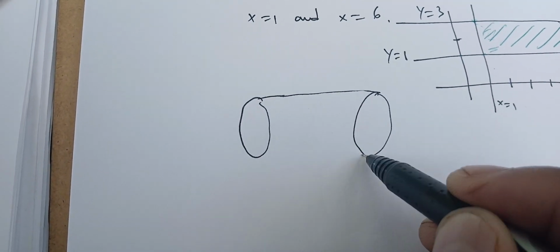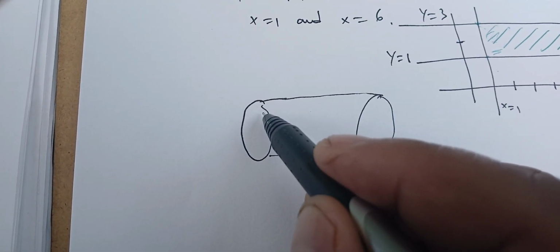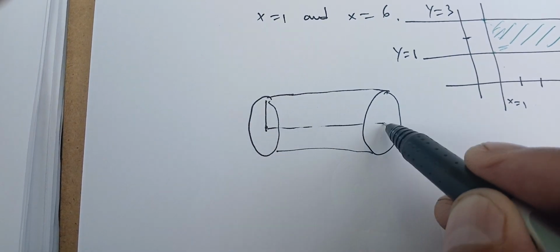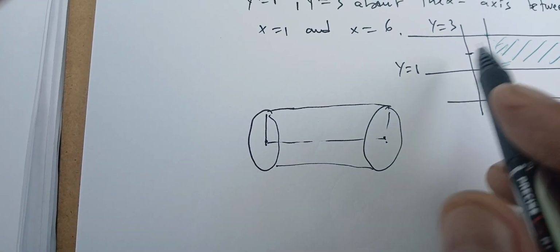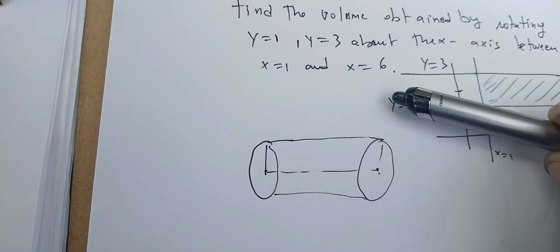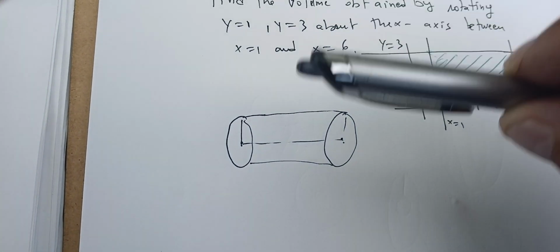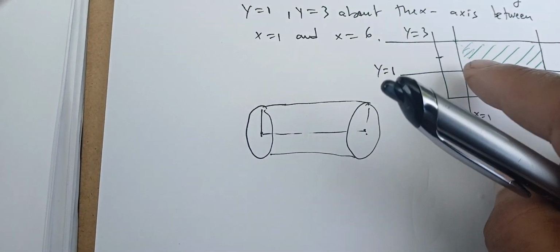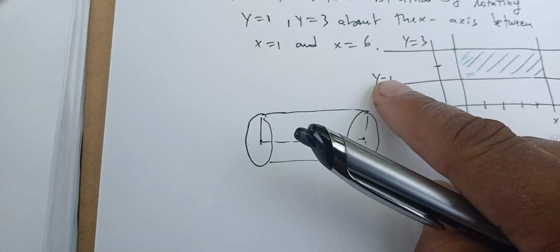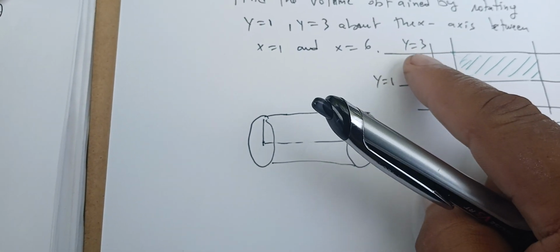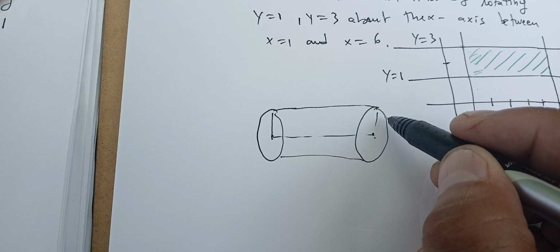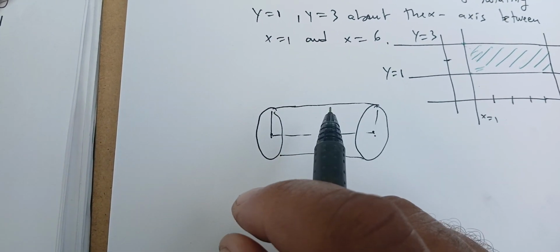let's say we have a cylinder that has radius 3. Think of this one as a sheet of paper that we rotate about the x-axis, without thinking about y equals 1. So here, when y equals 3, we get a cylinder.